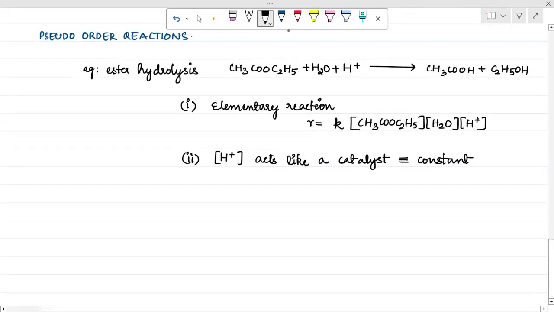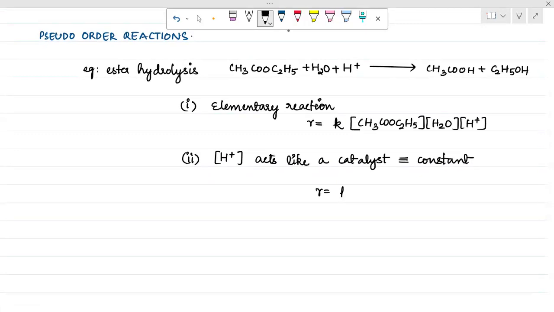Okay, so H plus is a constant means that it does not have any effect on the rate. So the rate is now K into concentration of the ester into concentration of water. Because concentration of H plus is a constant, it does not have any impact on the reaction. It is just a catalyst which provides a surface or an alternative pathway.